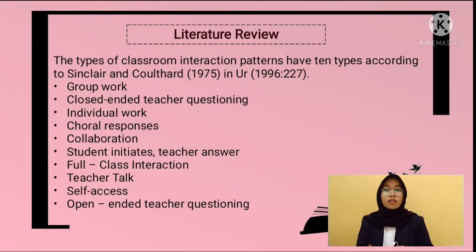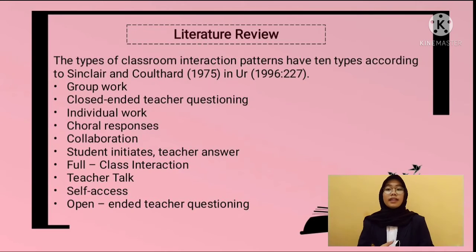They are, first, group work, a type of classroom interaction pattern where the teacher divides the students into small groups or separate groups. Then the teacher gives an assignment that must be done by them.